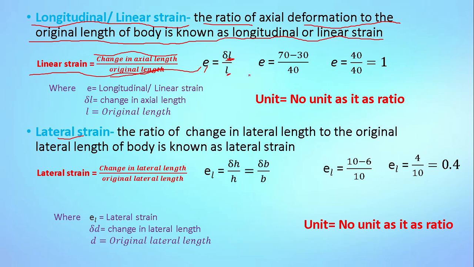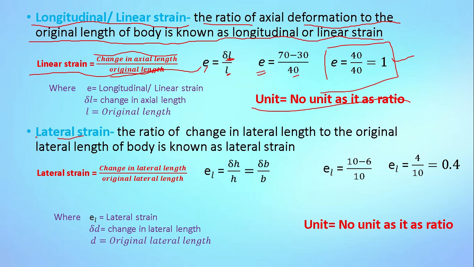So linear strain is equal to 70 minus 40, the change in length, divided by the original length. In this case linear strain is equal to 30 divided by 40. As it is a ratio of the same quantity, it does not have any unit.